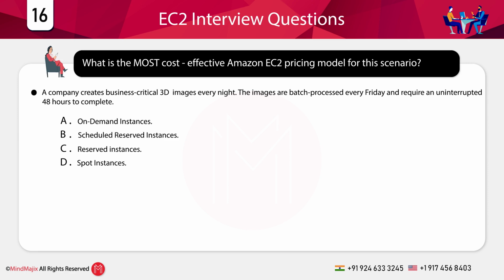What does it mean? I'll get charged for 9 to 5 only, and along with that I'll get the discount of reserved instances. So on-demand plus reserved instances: scheduled reserved instances give the benefit of both. So here the answer is B. Every Friday, because it's not a one-time job. So here the answer will be B.